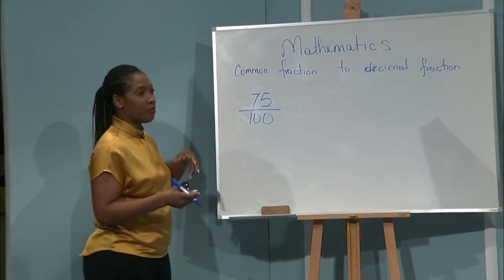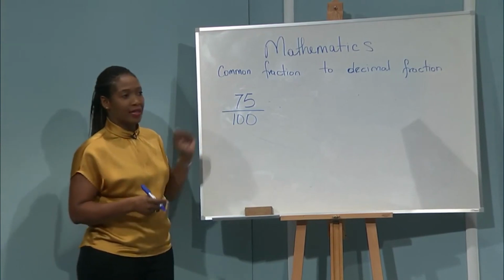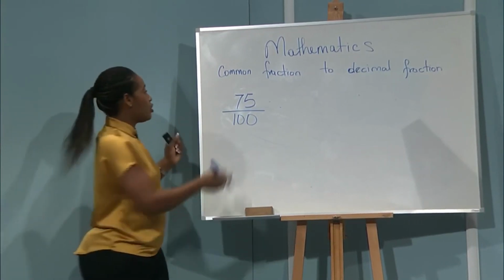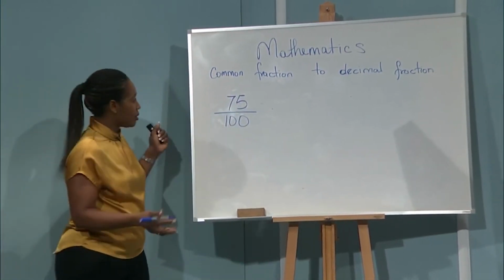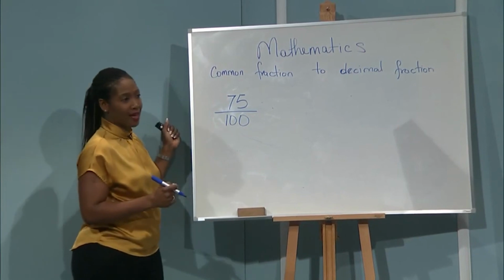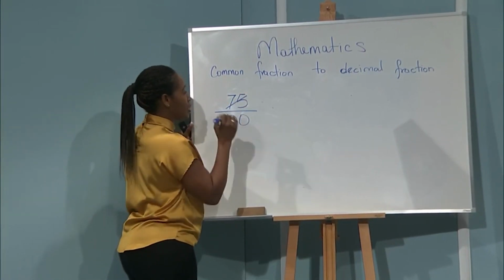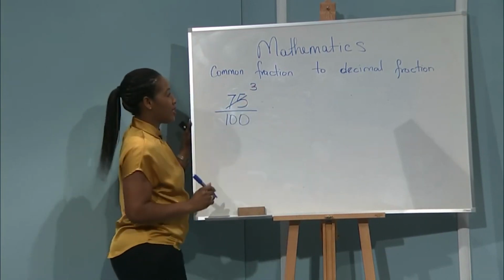When you're simplifying, remember that you need to find a factor common to both the numerator and the denominator. You can start simply if you want. You could use 5 to factor both, but for time, the highest common factor here is 25. So 25 divided into 75 goes 3 times. That means we can get 3 groups of 25 from 75.